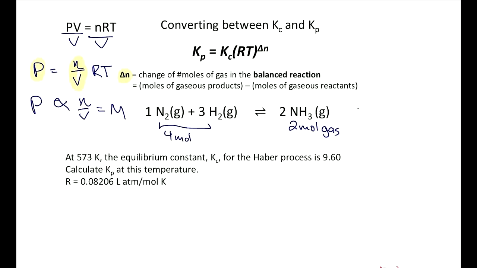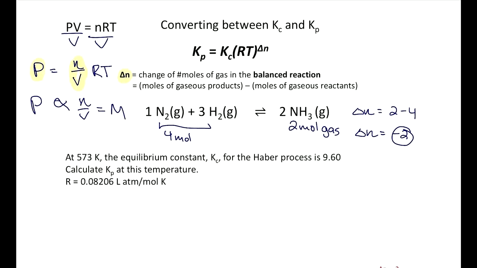So delta n is always products minus reactants, or final minus initial. So here it's 2 minus 4. So delta n for this reaction is -2, meaning that in the course of the reaction, we're losing 2 moles of gas in this sample. So that delta n is important for us to convert between Kp and Kc at a certain temperature because they're related by a factor of RT to the delta n.